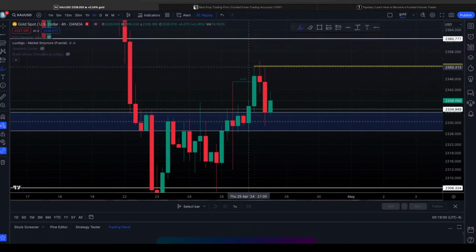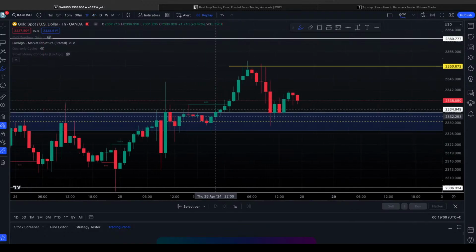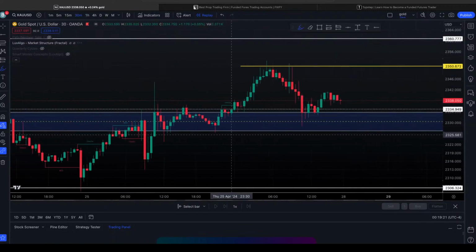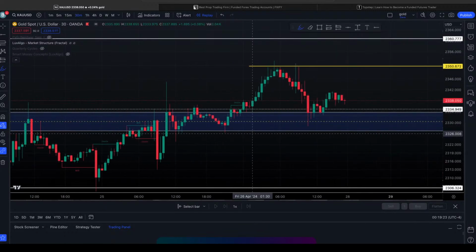So when this was already forming, I was already waiting for that. And if you also understand the true open, there's a true open for New York, for Asia, for London and so on. The true open was, I believe, at 7:30. Let me double check real fast.